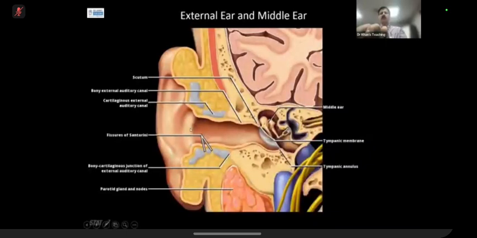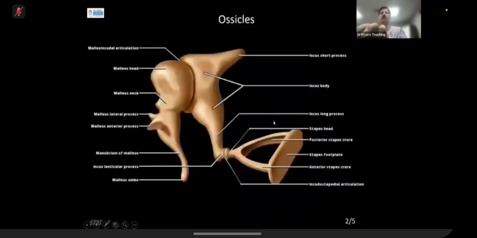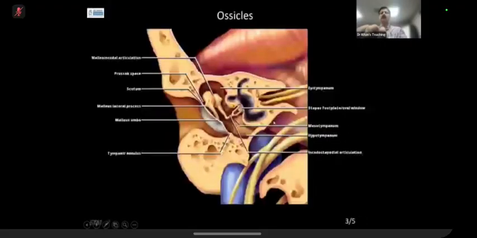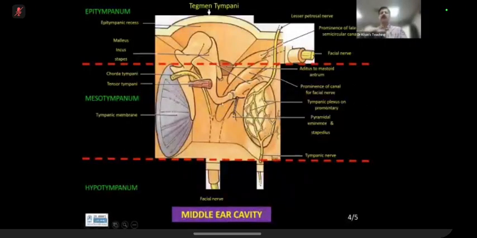Lateral, external ear. Medial is the internal ear. Posteriorly, we are going to learn, because posterior will be the mastoid. And anteriorly, remember that the carotid canal will be there.